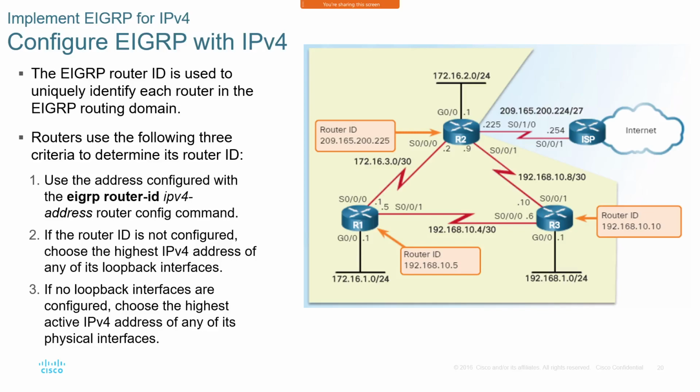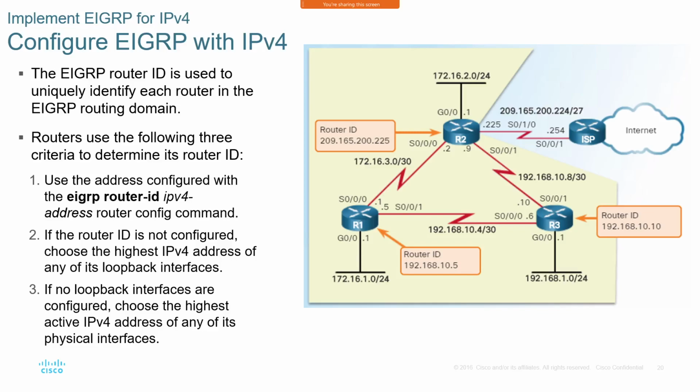Now, this is done by the router ID. The router ID is a 32-bit number, and it can be written in the IPv4 address format. It doesn't mean this is a valid address. It just means that there is a way for us to identify the router with this thing called the router ID.